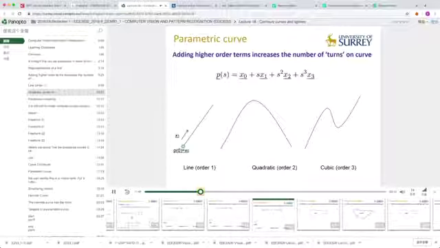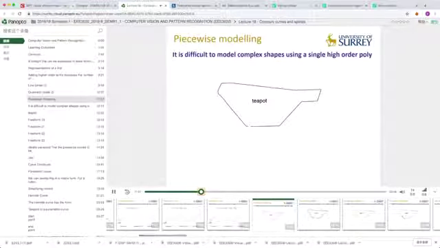So that is, yeah, as we increasingly add these polynomial terms, we can get curves that are able to represent more complex shapes. But in practical terms, if I were to take a shape, like this shape here, which you have to take my word for it, it's going to be the shape of a teapot, okay?